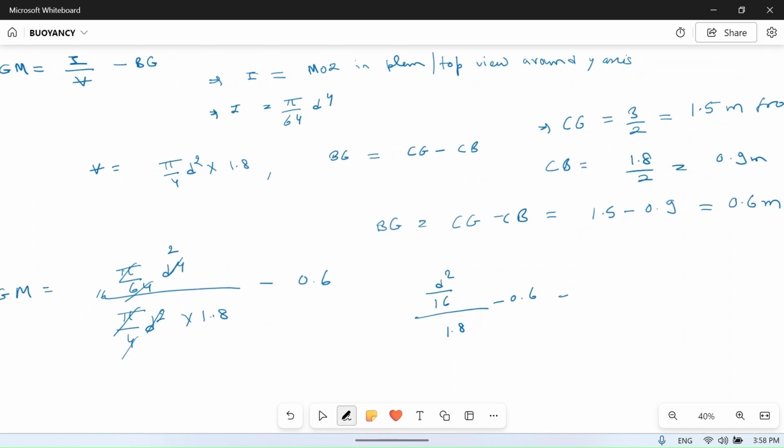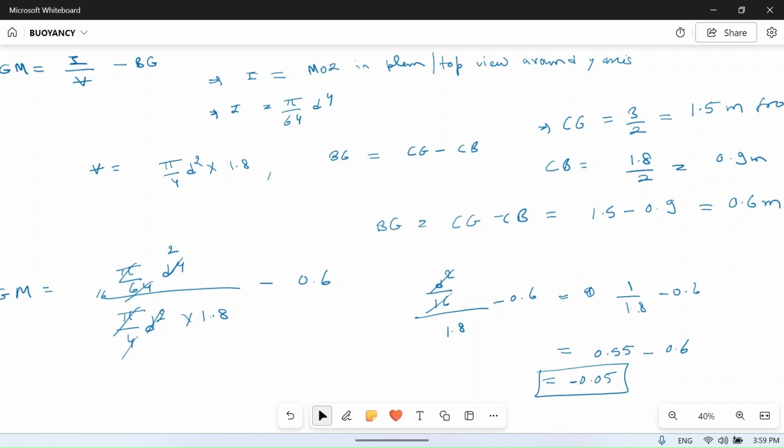This d is 4 meter, so 4 square by 16 will become 1. So it is 1 by 1.8 minus 0.6. So it will become 0.55 minus 0.6, which is minus 0.05 meter.